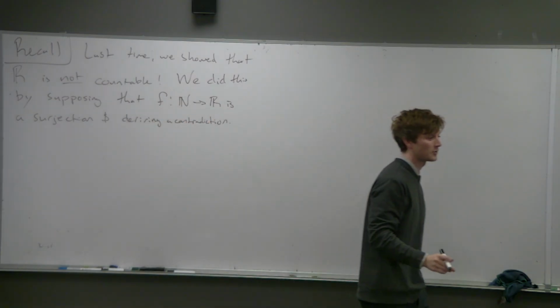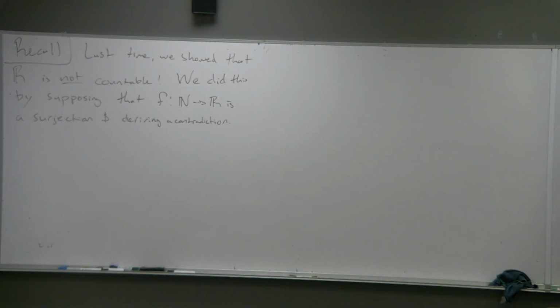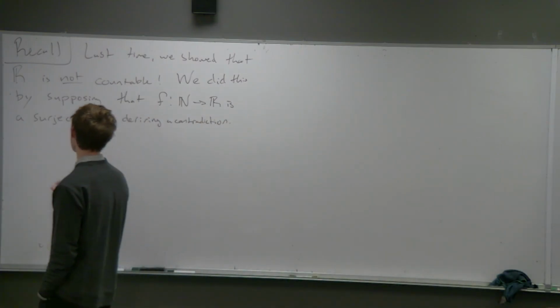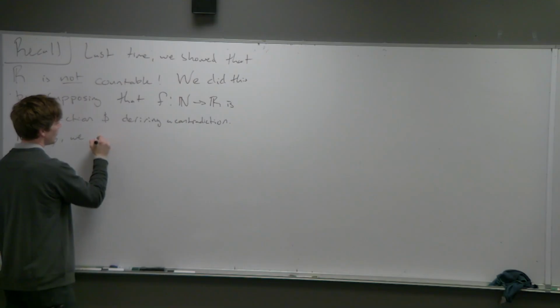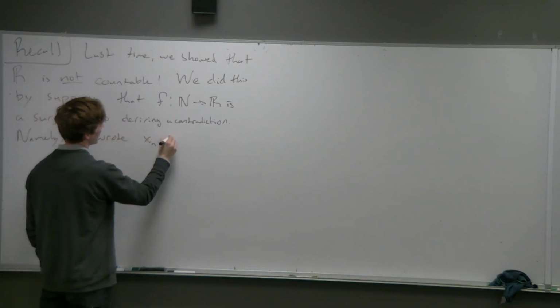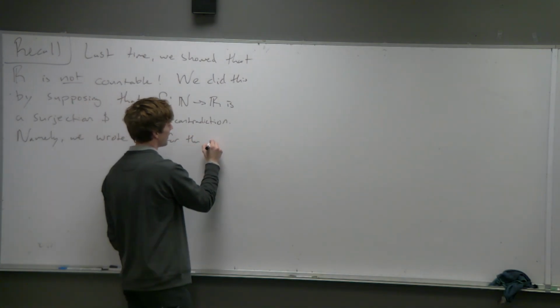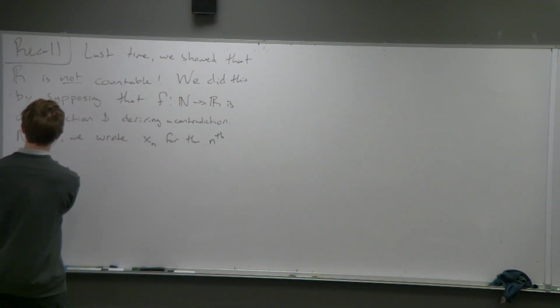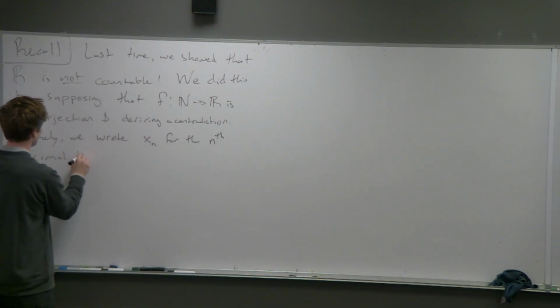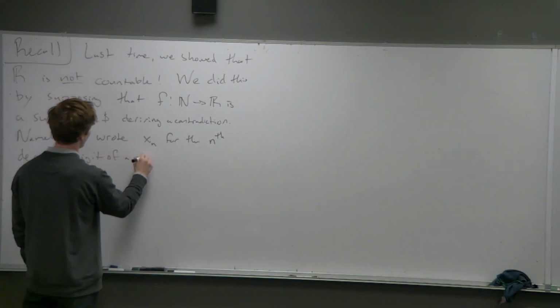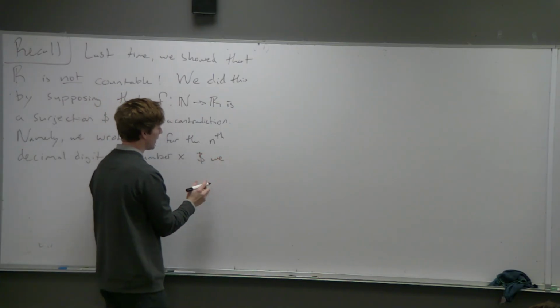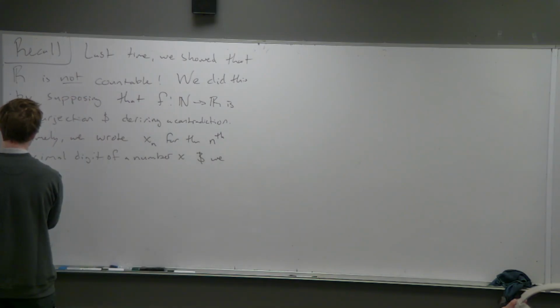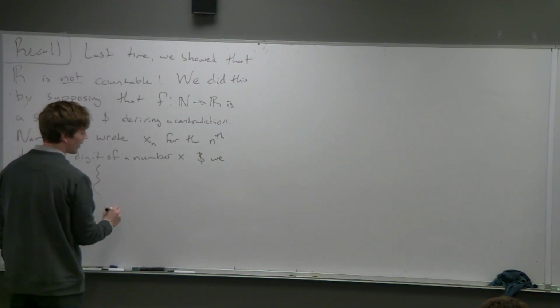How did we derive this contradiction? So I want to make sure, yeah, I did press record, good. Namely, we wrote x_n for the nth decimal digit of a number x, and we set y_n equal to the following.